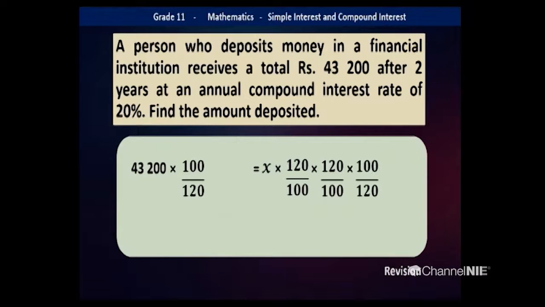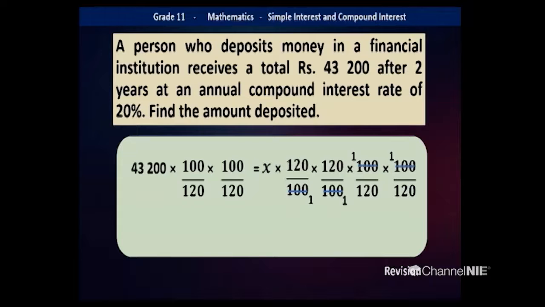When you take the reciprocal, you have to write it on both sides. To remove 120 upon 100, you take 100 upon 120 into both sides. There is another 120 upon 100. For that also you take again 100 upon 120. Now look, 100 and 100 get cancelled. Again 100 and 100 get cancelled.